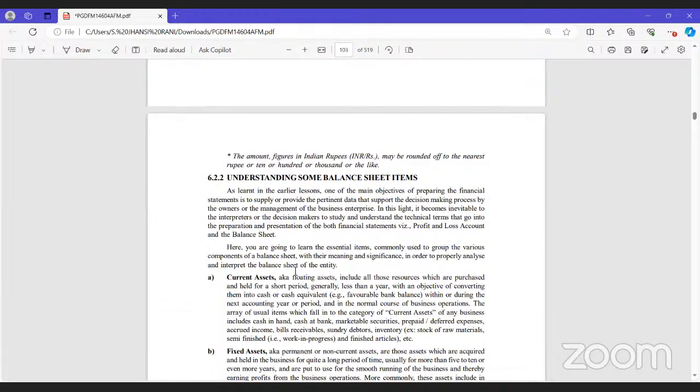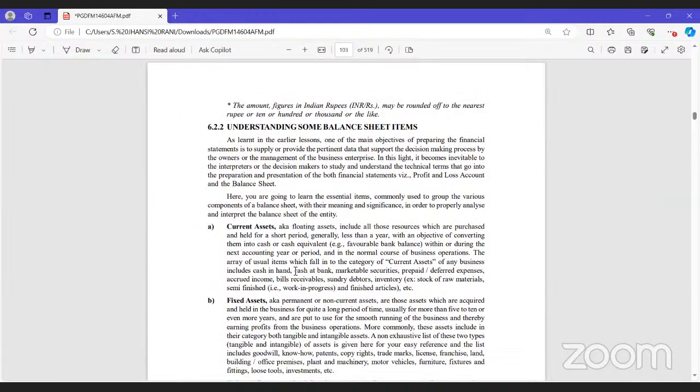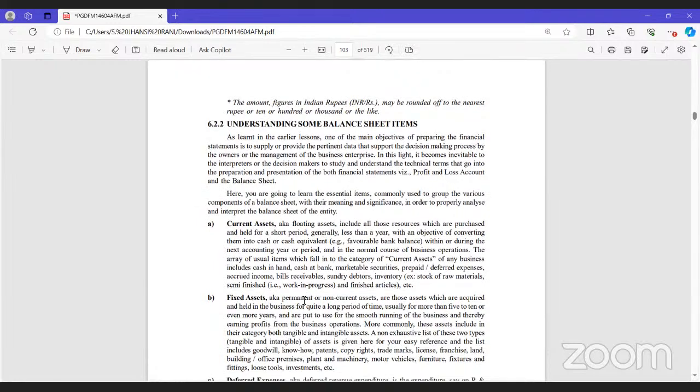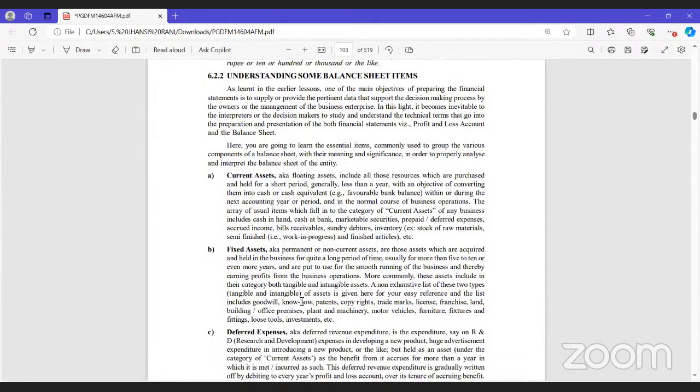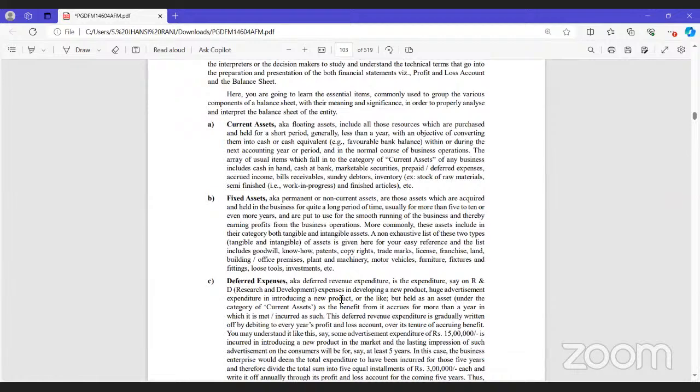So again, in depth, they have given what current assets are: nothing but floating assets, which can be easily converted into cash, or which are already available in the form of cash, or which can be easily transformed into liquidity. They are called current assets. Fixed assets means those acquired for a longer period of business, which will be there for 5 to 10 years or more with the business for its smooth running, and may include both tangible and intangible assets.